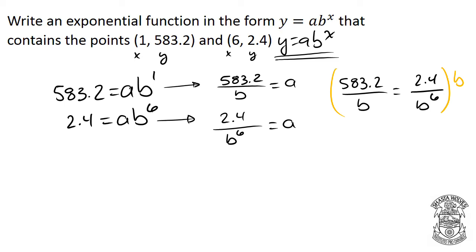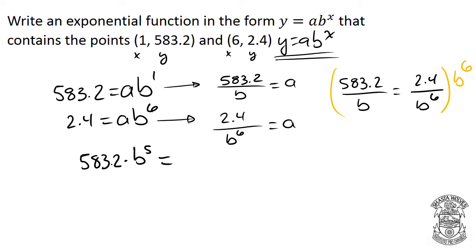Now, if I multiply the left-hand side by b to the 6th, what I get is b to the 6th divided by a b times 583.2. One of my factors of b cancels, and I'm left with 583.2 times b to the 5th power.